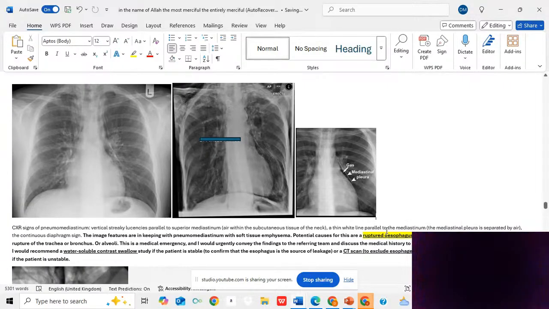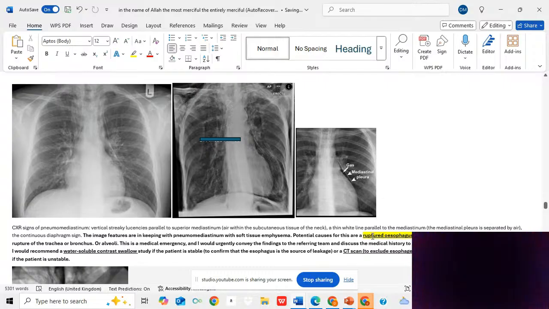A ruptured esophagus is more likely to cause pneumomediastinum than a ruptured trachea, bronchi, or alveoli. And Boerhaave syndrome is the most likely cause of esophageal rupture.